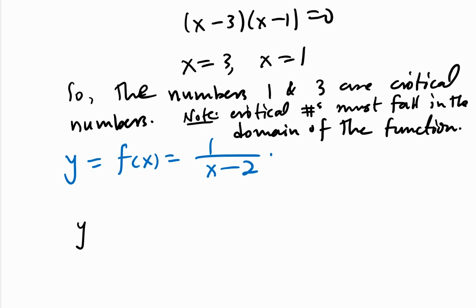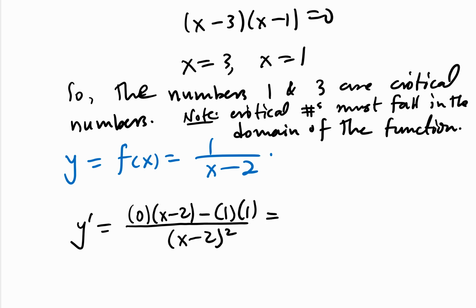We need to find y prime. How do you find y prime? Derivative of the top times the bottom minus the top times the derivative of the bottom, over the bottom squared. So you get negative 1 over x minus 2 squared. This will not equal 0. If you cross multiply, you get negative 1 equals 0. So you can't set y prime equals 0.